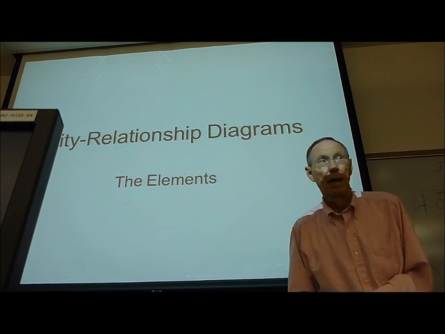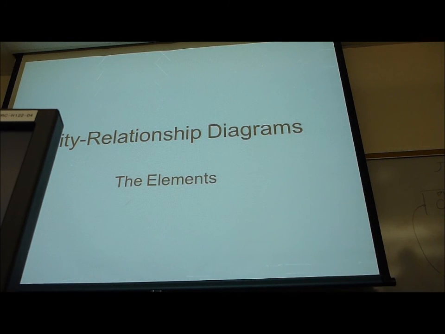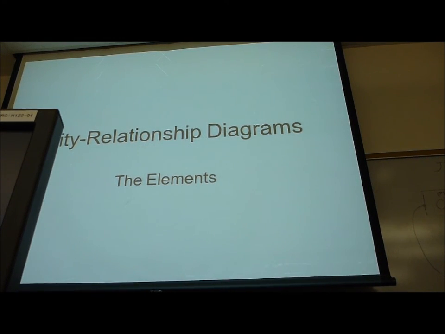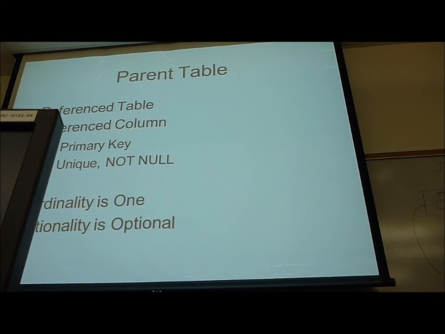Then after we get the big picture in place, we'll start to say what these tables should look like, and how we connect them to get the semantics. That's the key word here, the semantics, the meaning of it.